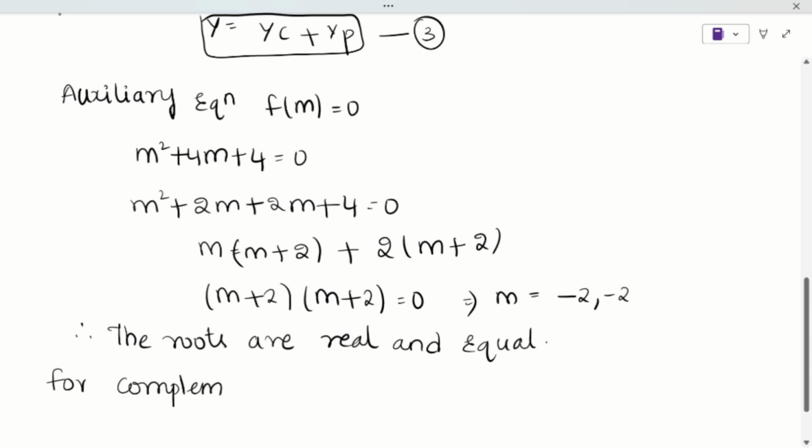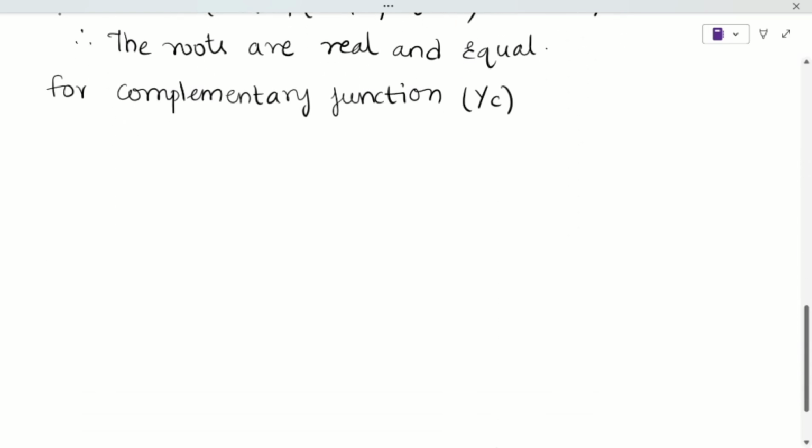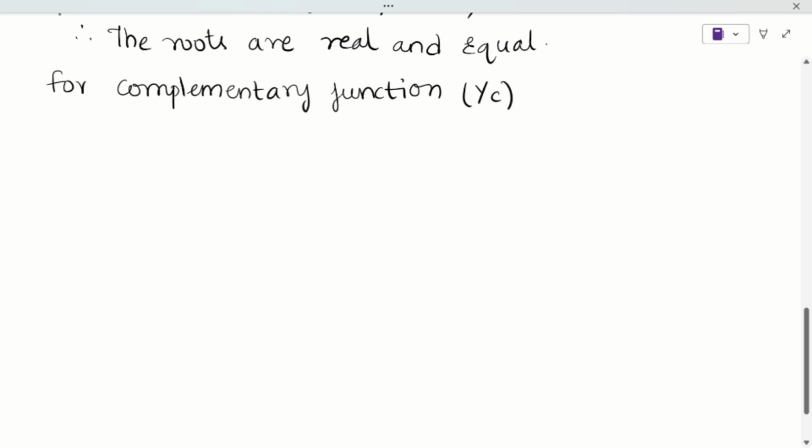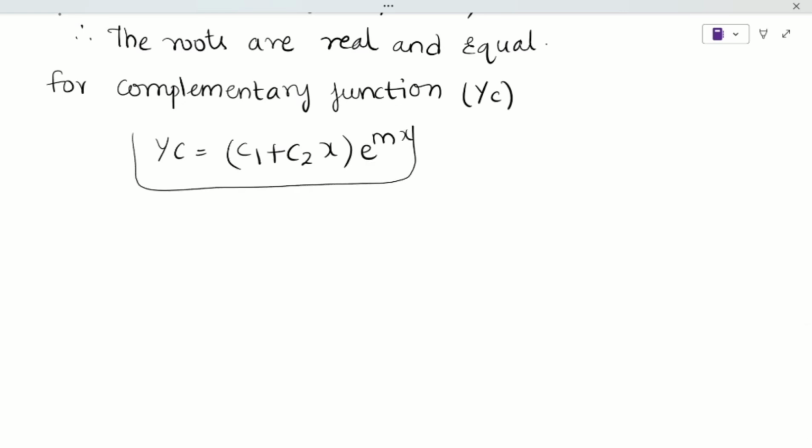For the complementary function yc, we have one formula. yc is equal to (c1 plus c2x) whole e power mx. This is the formula. I'm going to take this formula and replace the root value.